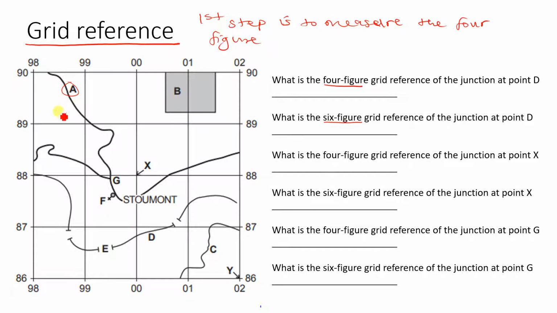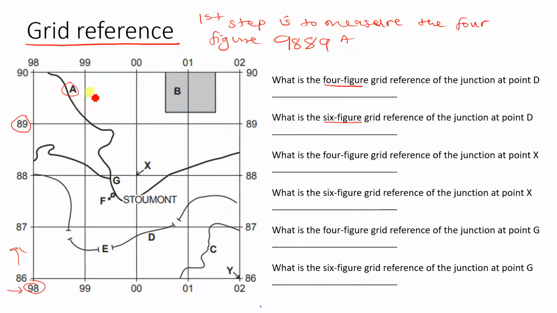And so the 4-figure grid reference here should be 98, 89, because you walk before you climb, and your X always comes before your Y. So my 4-figure grid reference will be 98, 89 for point A.